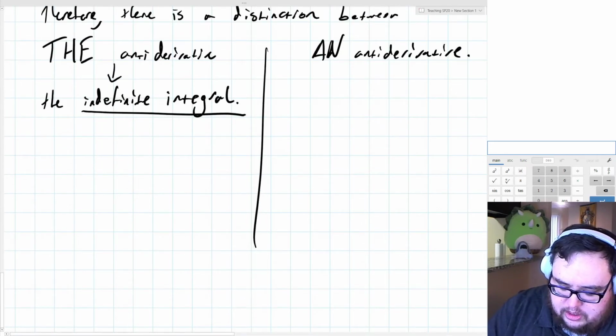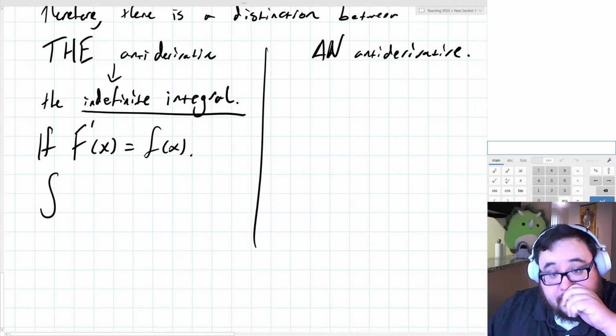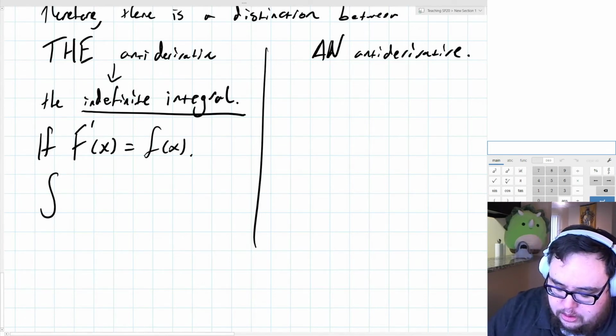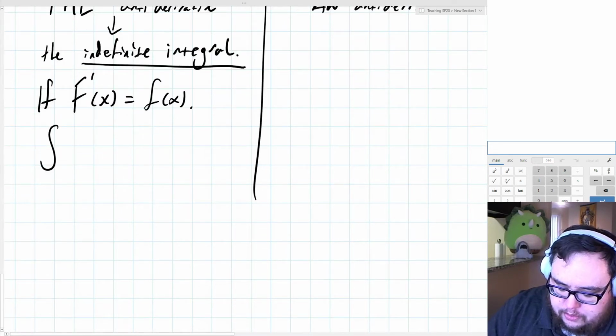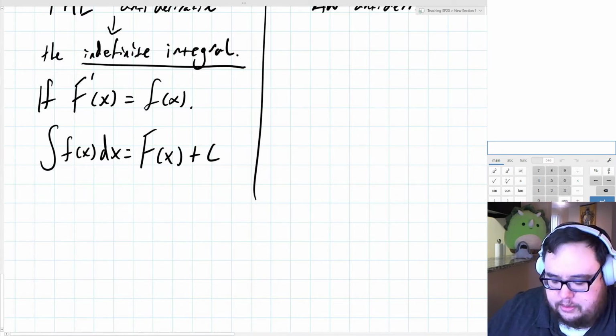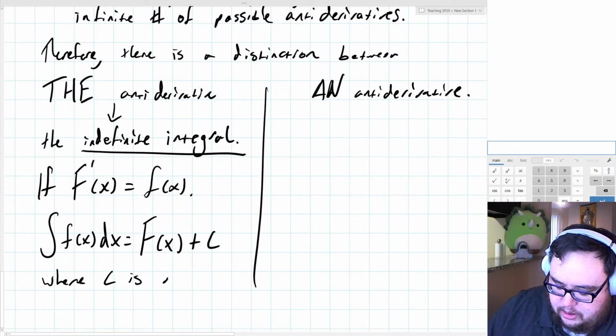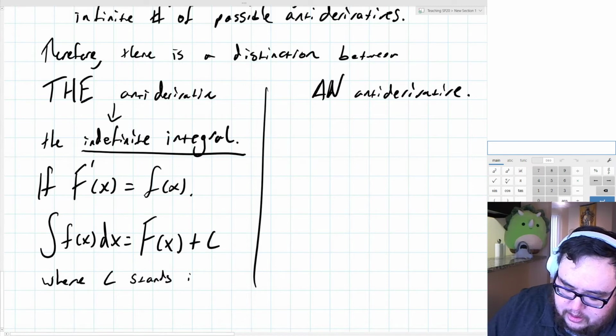So if big F prime of x is equal to little f of x, then the integral with no bounds of little f of x dx is equal to big F of x plus a constant, where C stands in for an arbitrary constant.